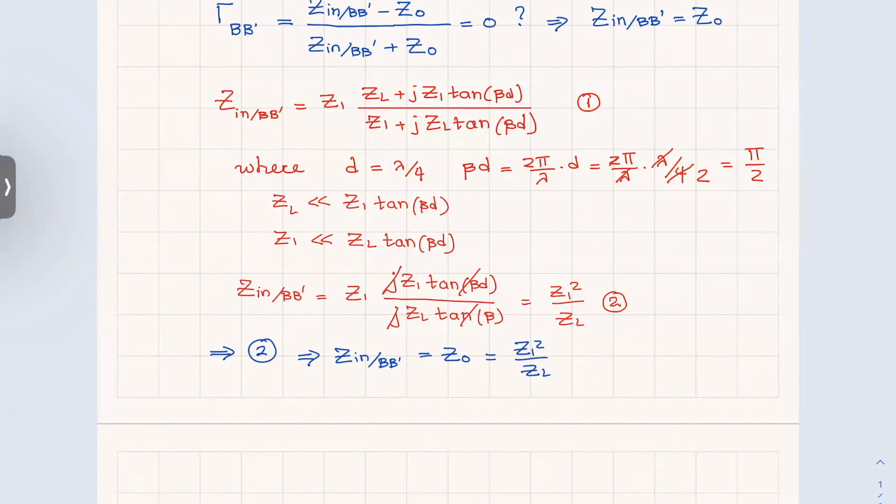And therefore, what do I find? What I just told you in the beginning, that Z naught times ZL square root, if that becomes equal to the characteristic impedance of the quarter wave line, then we have a quarter wave transformer.